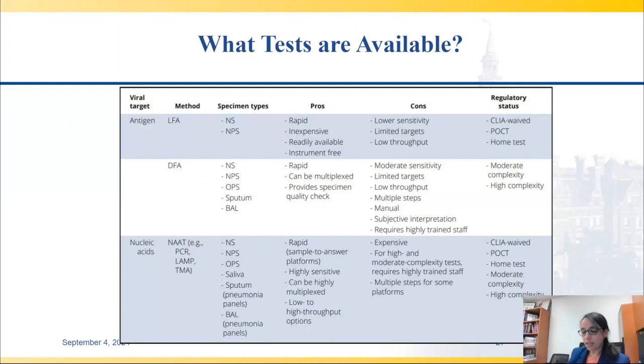So the testing methodologies that are currently used for respiratory pathogen testing are primarily, so far, either protein-based, which are the antigen tests, or nucleic acid-based, which we call NAT testing or nucleic acid amplification testing.